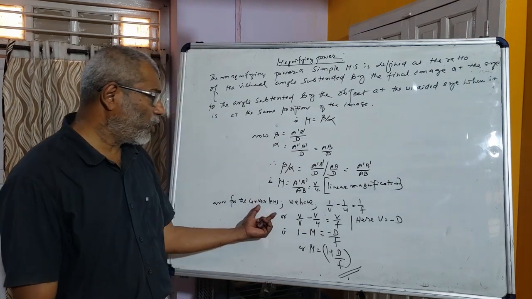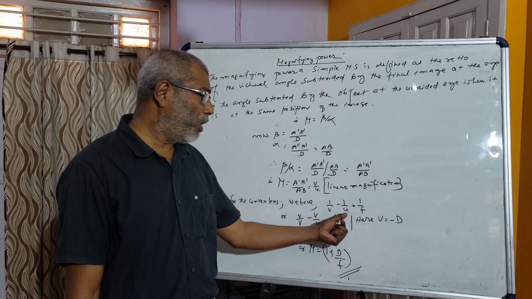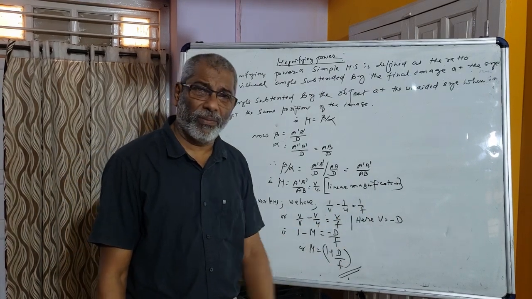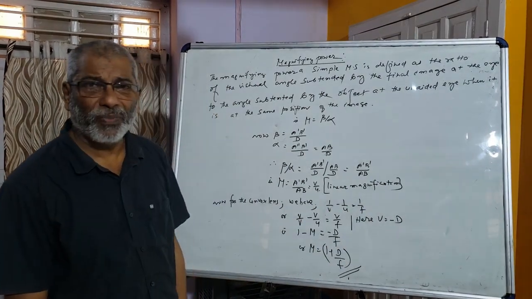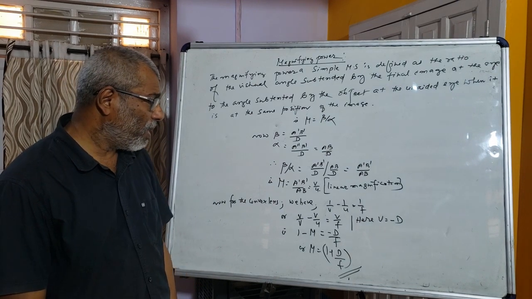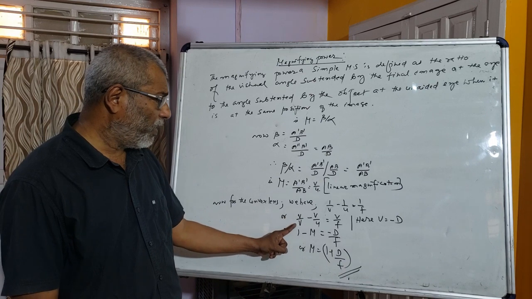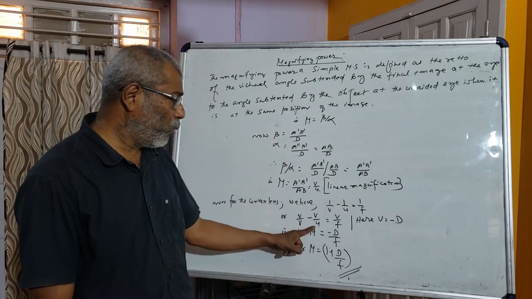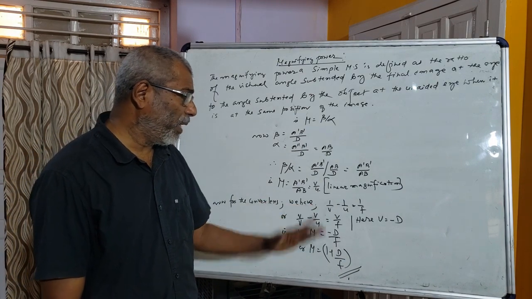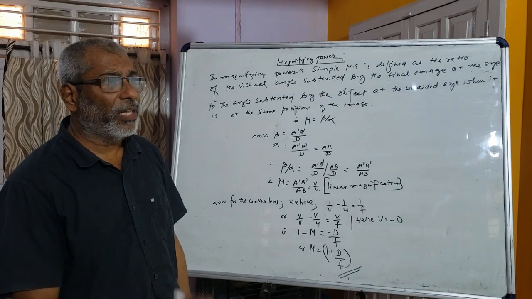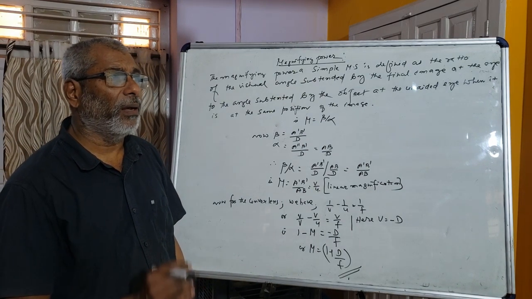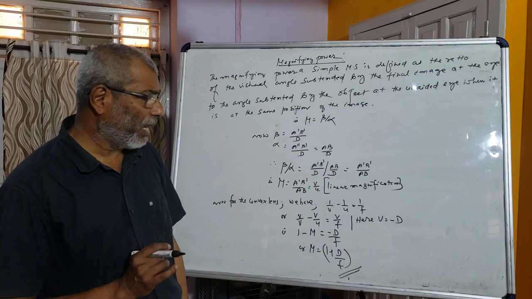Now for a convex lens we have 1 by V minus 1 by U is equal to 1 by F. What is the formula everybody knows? This is the lens formula. Multiplying throughout by V, we can write V by V minus V by U is equal to V by F. Here V means the position of the image, the distance of the image from the eye.